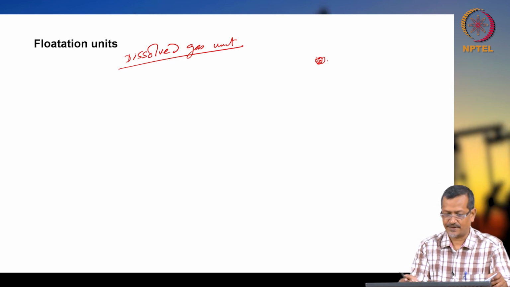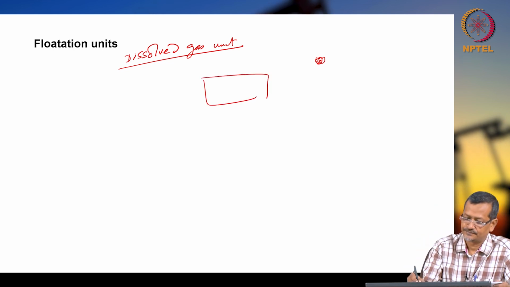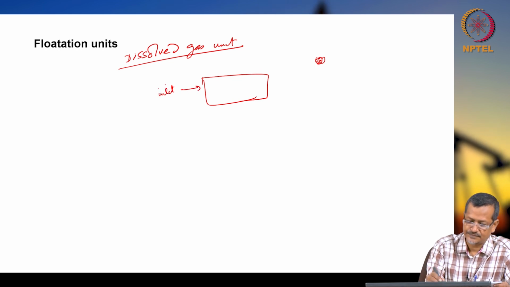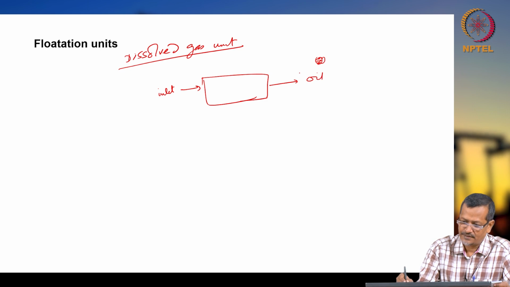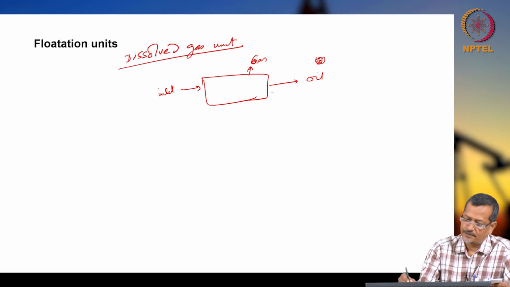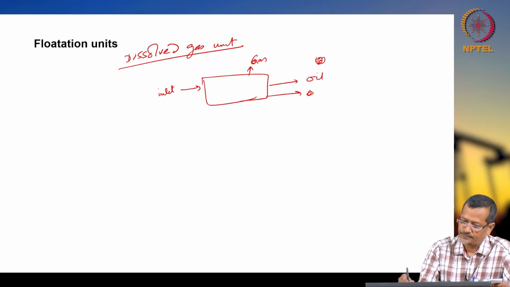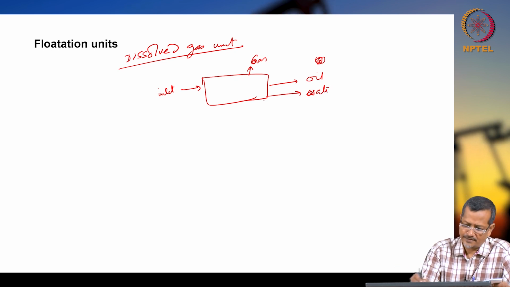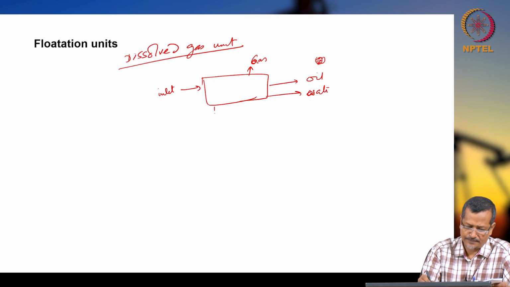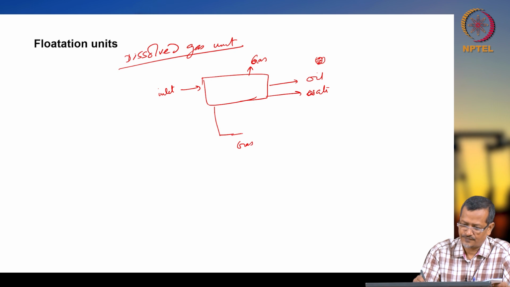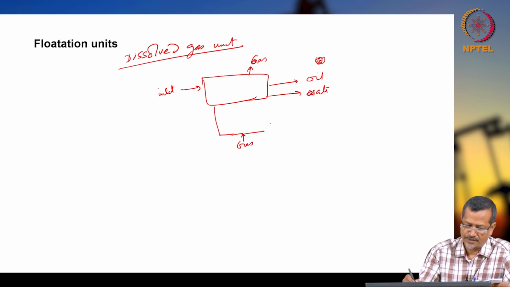So one is the dissolved gas unit. We have one chamber like this, with an inlet. This is oil, and a small amount of gas is there, and the water will be a larger amount. There is a contact gas recycling pump.